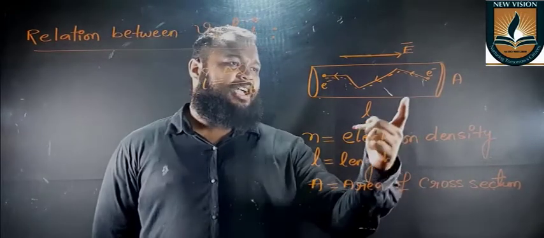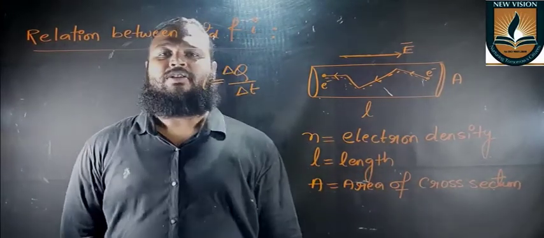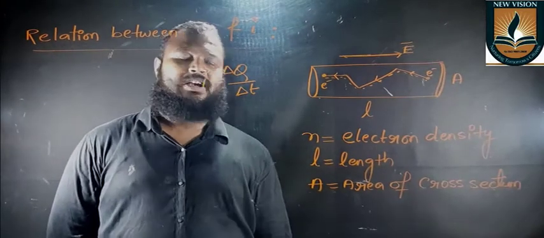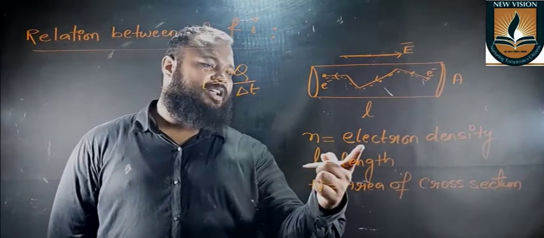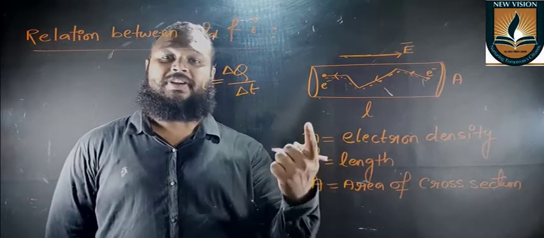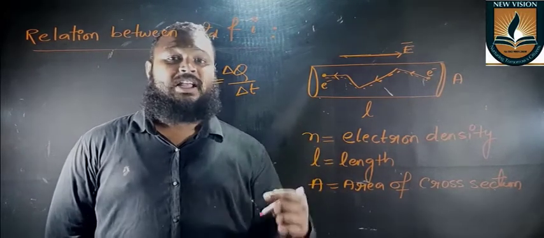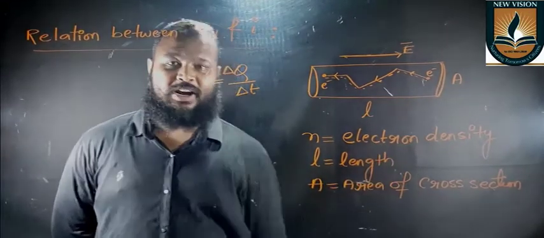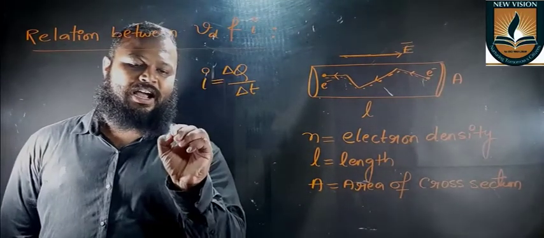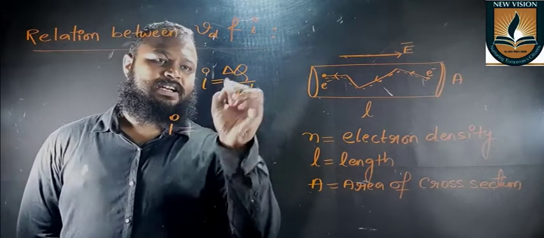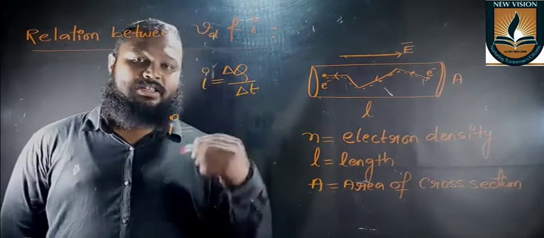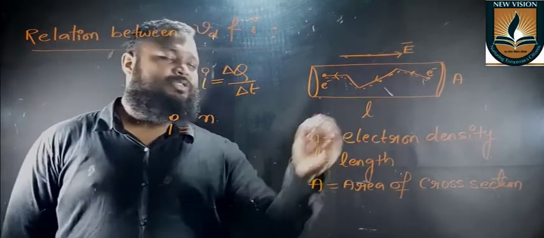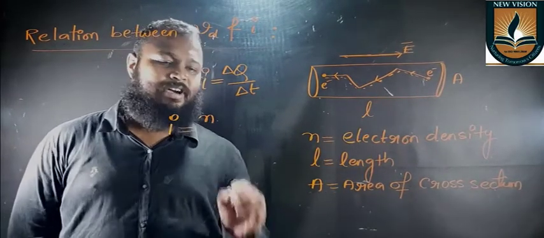We know that this conductor has free electrons, and the electron density is n, the number of free electrons per unit volume. Then the total number of electrons would be n into the volume of the conductor. What is the volume of this cylindrical shaped wire?